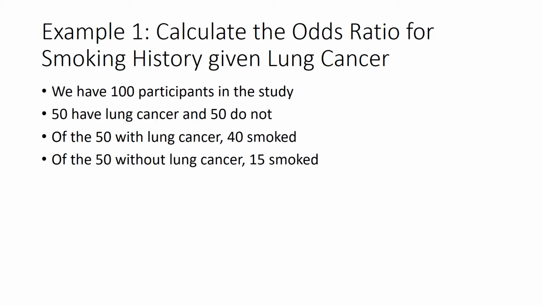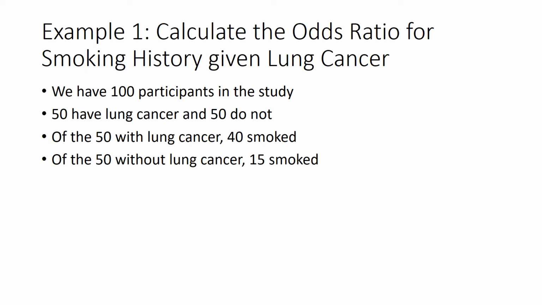The easiest way to discuss odds ratio is through an example. Whenever you're given a question about odds ratio, it'll be in the context of some disease state, some have it and some don't, and seeing whether or not a particular exposure influenced that disease state. So let's make up some numbers for the odds ratio for smoking history given lung cancer.